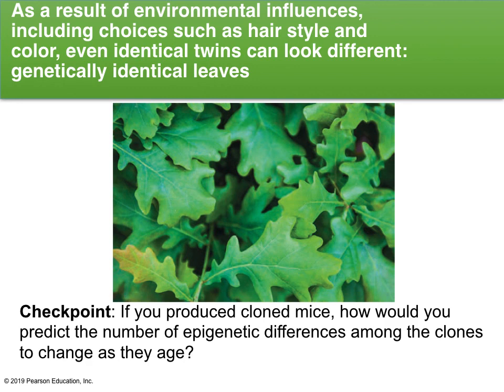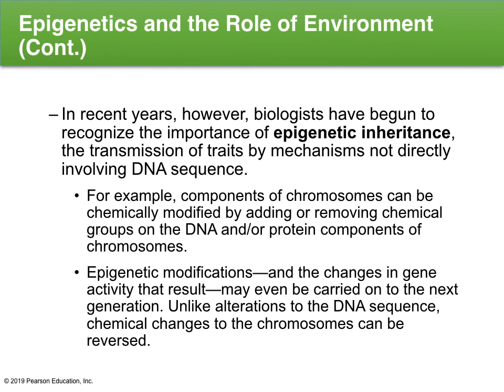All right. So again, now we're starting to realize this business of epigenetic inheritance, the transmission of traits by mechanisms not directly involving the DNA sequence. And most of us grew up with this whole business of, okay, here's your genes, here's what you get. But now they're realizing that components of chromosomes can be chemically modified by adding or removing chemical groups on the DNA and/or those proteins, remember the histone proteins, protein components of chromosomes.